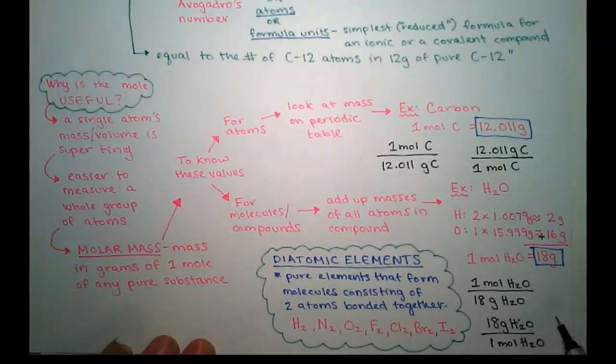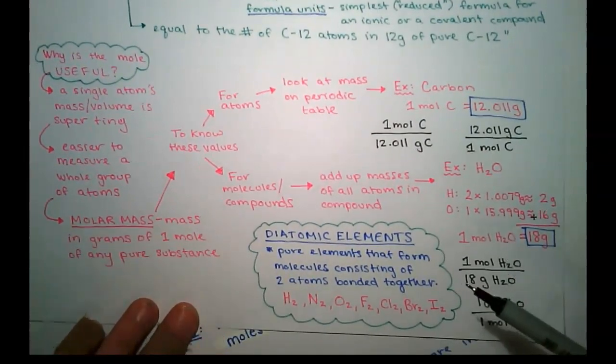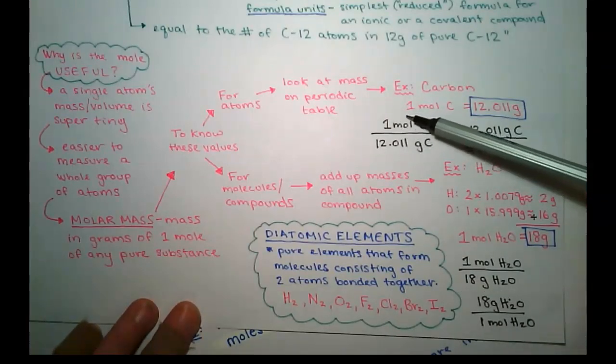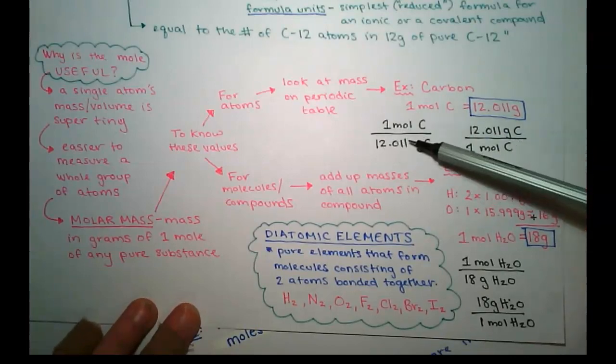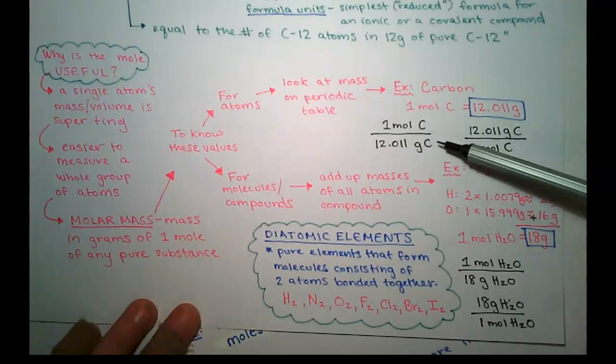So please do notice that when I'm doing these conversion factors, it is important that you have both a unit and a substance. So I have 1 mole, mole is my unit, and carbon is my substance, over 12.011 grams, grams being the unit, and carbon being the substance.